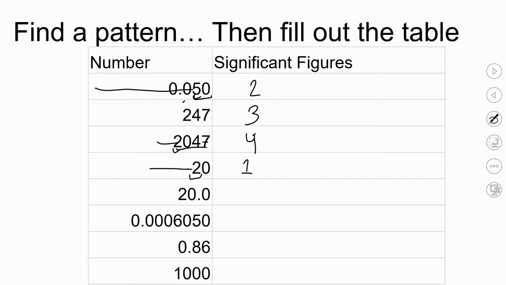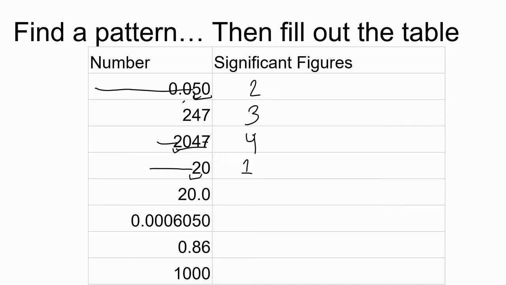So if my ruler only has 10 increments, if I say 20, that tells you how uncertain your measurement is. So this could be plus or minus 1 in the uncertain digit, okay? This one would be plus or minus 0.1, okay? That's where my uncertainty is, okay?